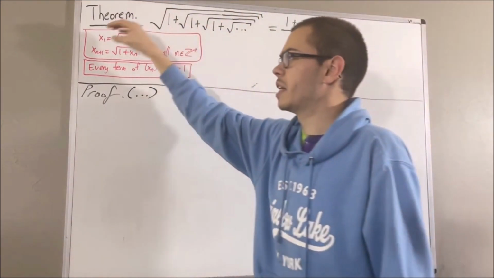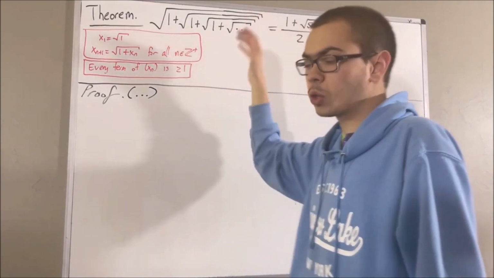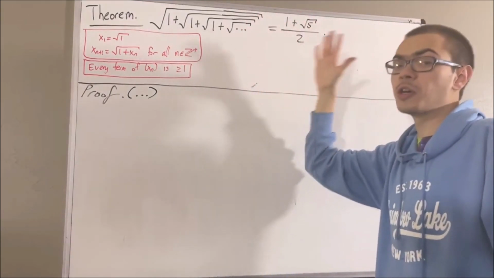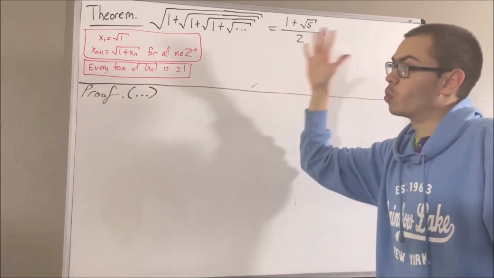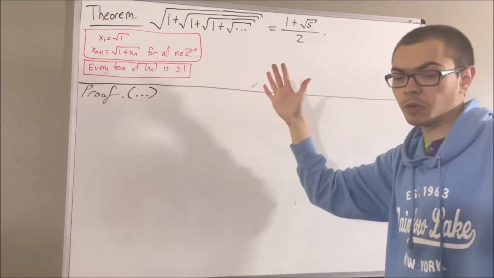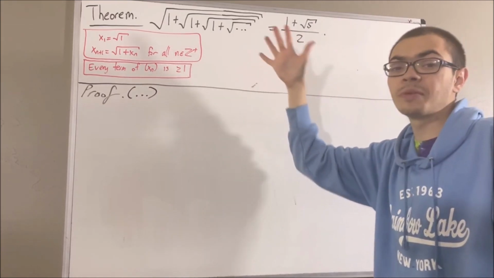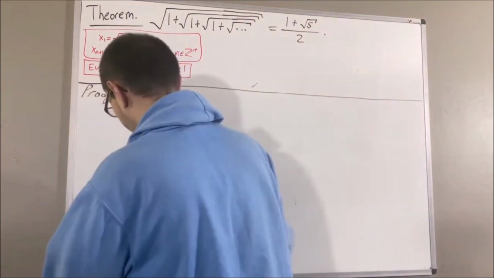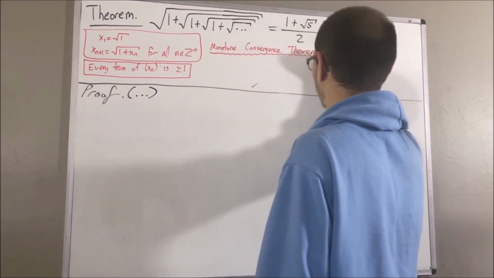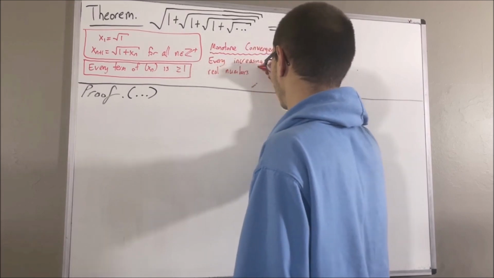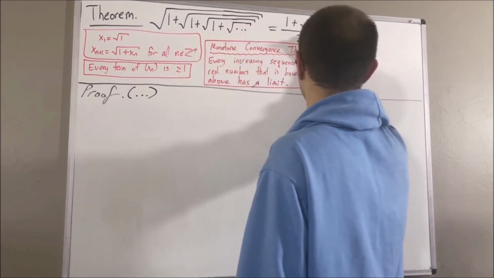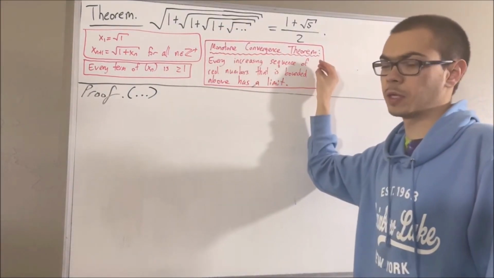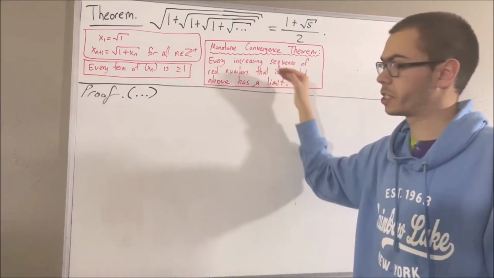Now, to show that this sequence has a limit, we're going to use the Monotone Convergence Theorem, which says that every increasing sequence of real numbers that is bounded above has a limit. In fact, there's a similar statement for decreasing sequences of real numbers.